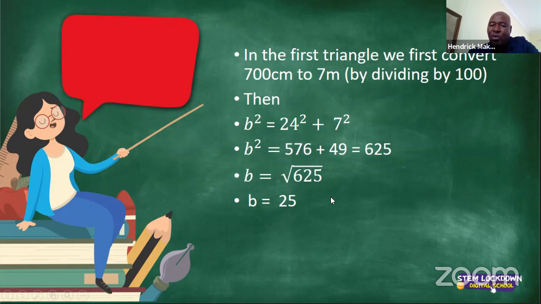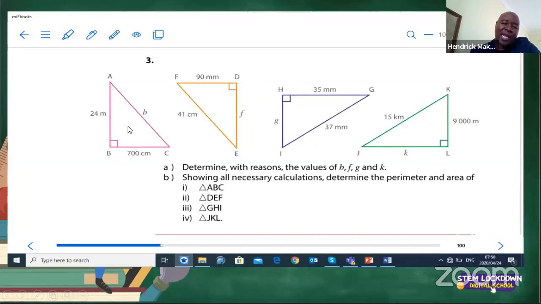So you have the square root of 625, which is 25. So the value of b in this particular triangle will be 25. And of course, you can see that 25 is the longest side because the other sides are 24 and 7, respectively. So this is Pythagoras.